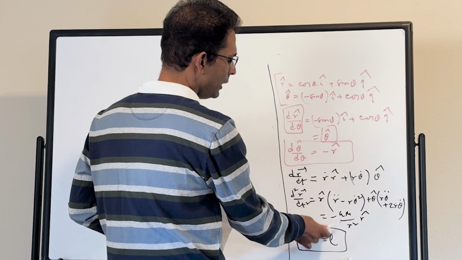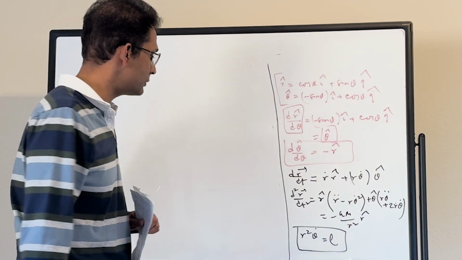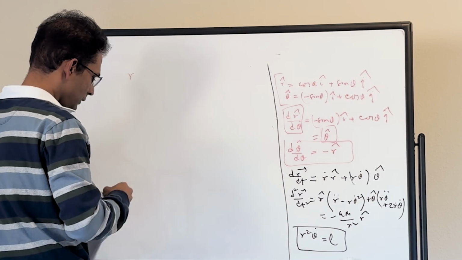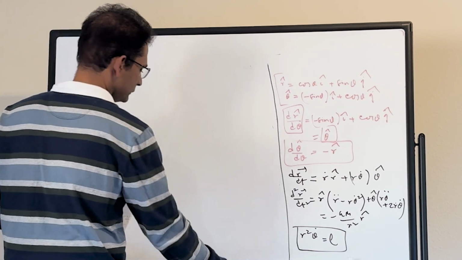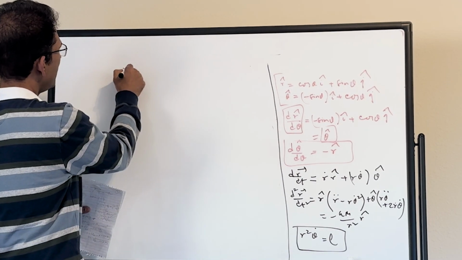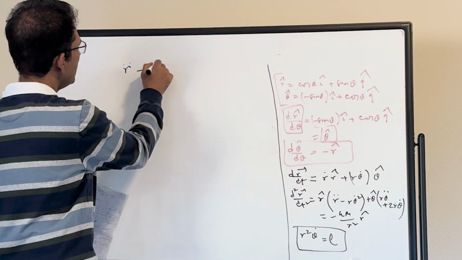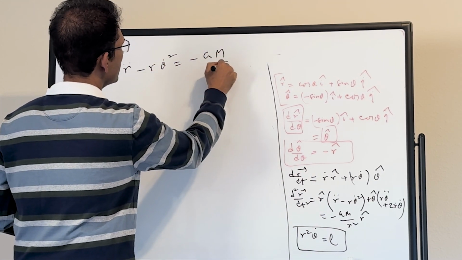But now the next step should be to equate the two r hat components. So let's do that. What I have is r double dot minus r theta dot squared is equal to minus GM over r squared.